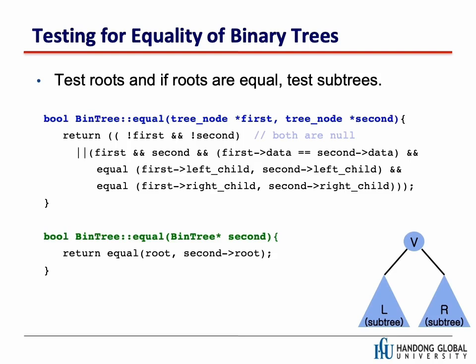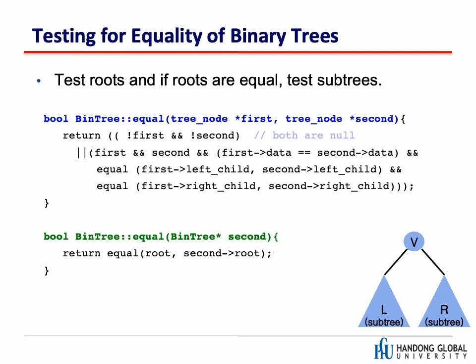We check if first data is the same as second data. If that's the case, the root nodes of these two subtrees are equivalent. Now we call the equal function twice, and these calls go to the blue one, because we pass two tree node pointers.